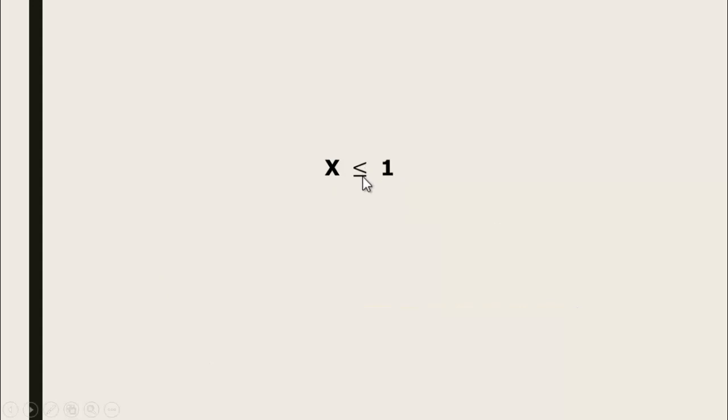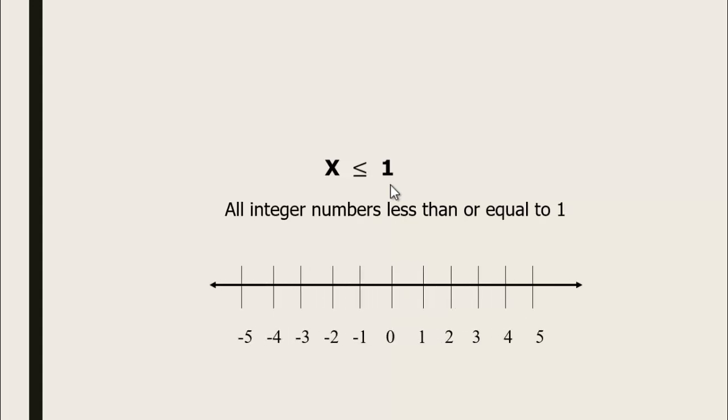This sign means less than or equal. So here I am saying that x is less than or equal to 1. When I say less than or equal, this means that 1 is included in my set of values. I want all integer numbers less than or equal to 1. So on the number line, here is the 1.